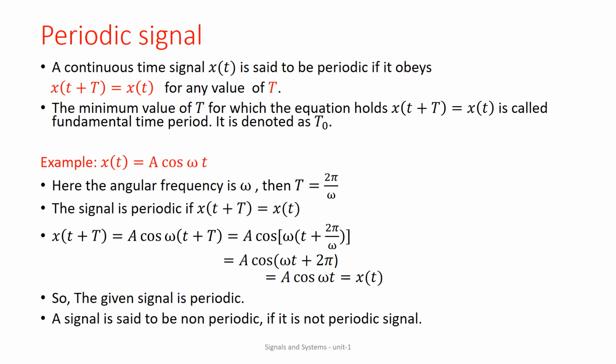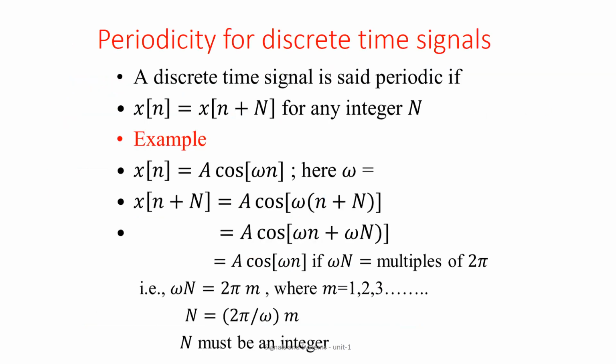Suppose x of 0 is equal to some value, x of 2 pi will have the same value here. An example of the signal is cos omega t or sin omega t. And the discrete periodic signal can be represented as x of n is equal to x of n plus capital N.